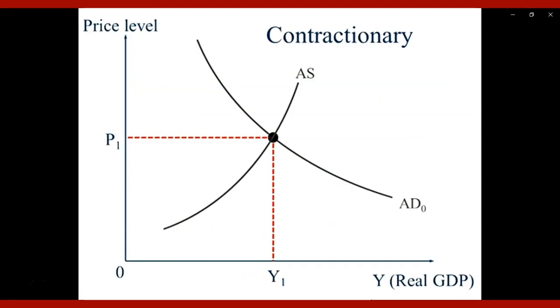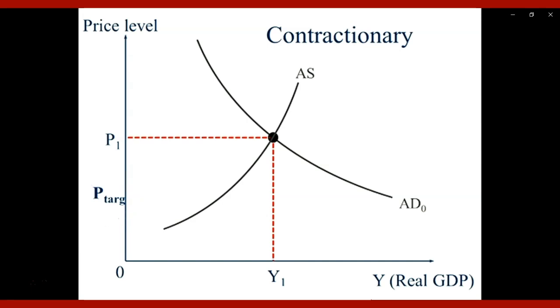So here's our economy bubbling along in equilibrium, but it turns out that the price level is above the target level. The Reserve Bank spots this and says, we need to do something, we need to get the price level back to the target level.